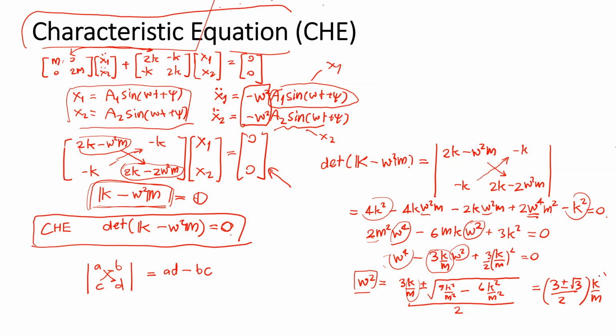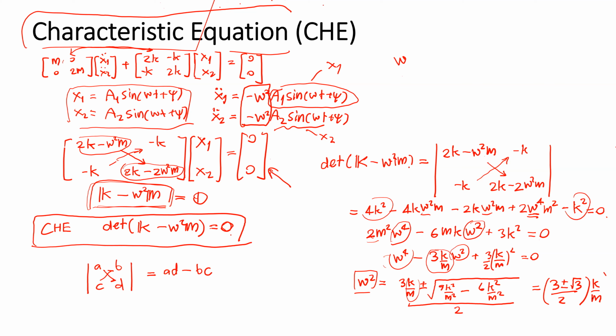So if we want to find omega, actually we should have 4 possible values of omega, right? Because omega square can be 3 plus square root 3 per 2 and can be 3 minus square root 3 per 2.